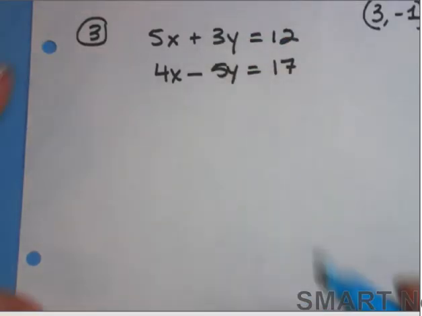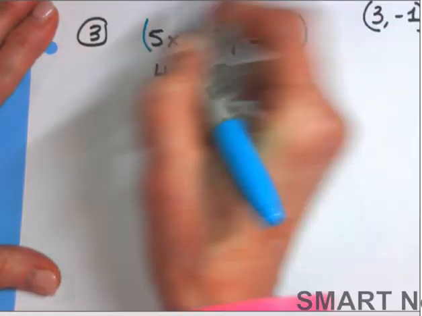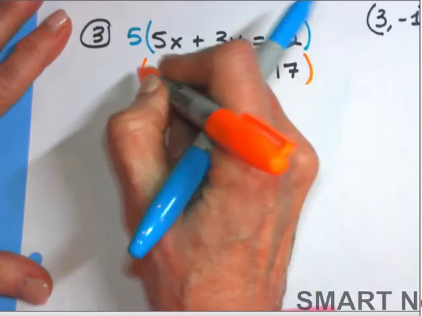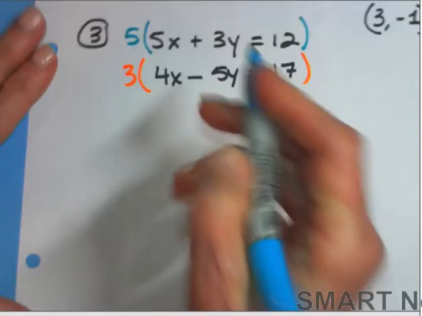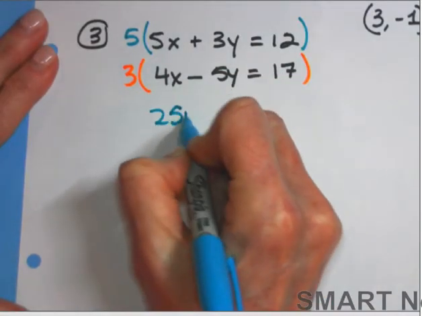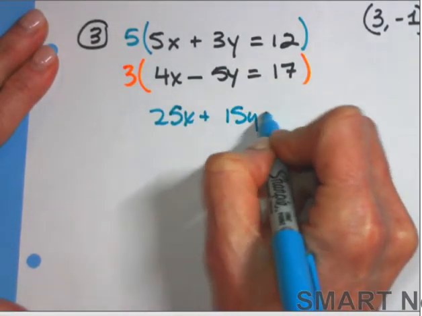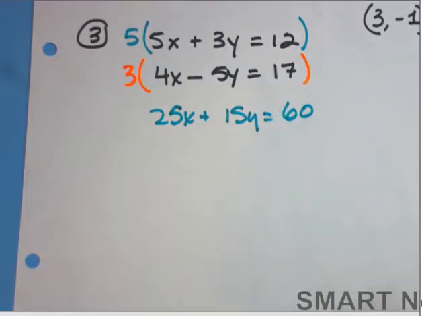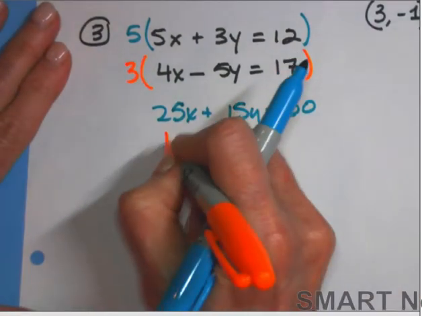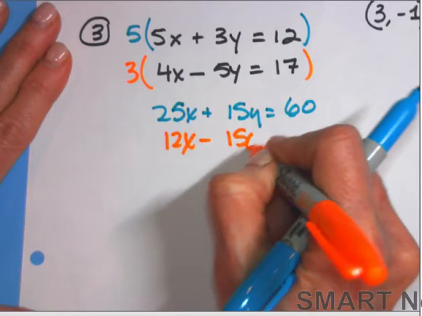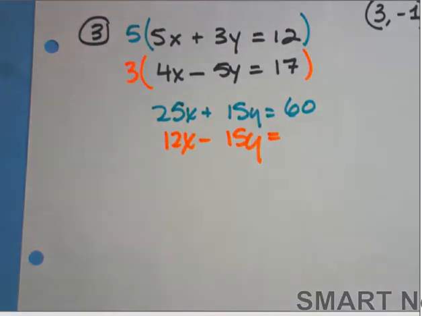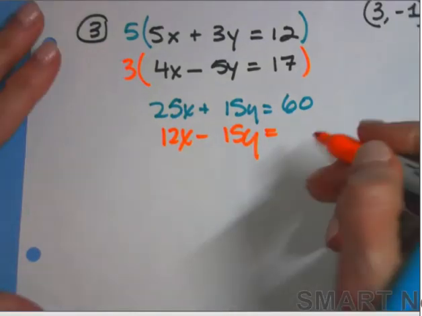So that means I take the first equation and I'm going to multiply each term by 5, and then the second equation, I'll multiply each term by 3. So my first equation becomes 25x, positive 15y's, and that's 60. And then my second equation, 12x minus 15y, and 17 times 3 is 51.